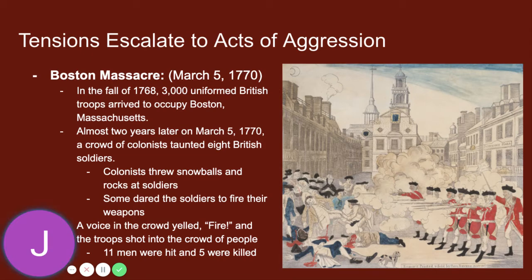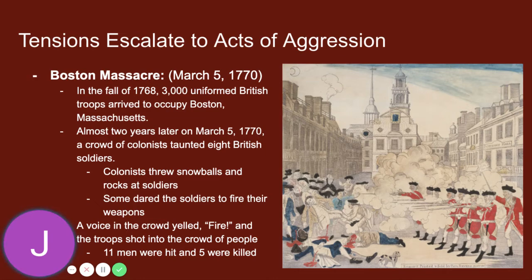The king was starting to get worried because a lot of the colonists were starting to display some anger toward Great Britain, and so the king decided he would bring troops in to try to quell all of these feelings.